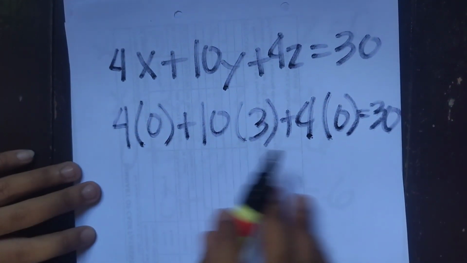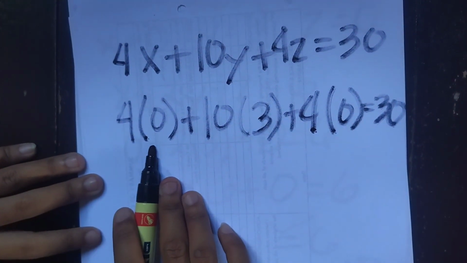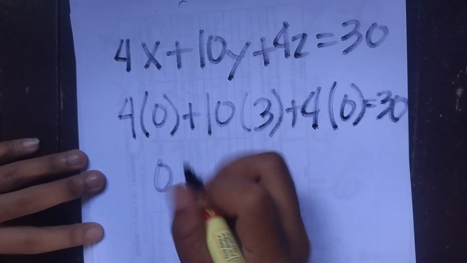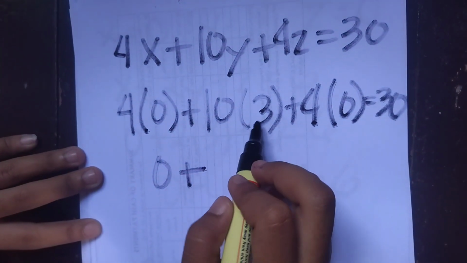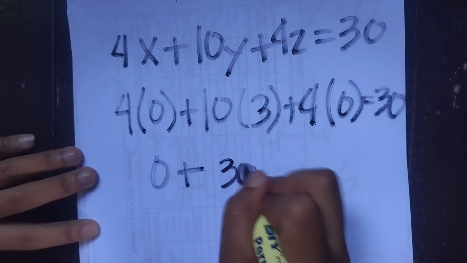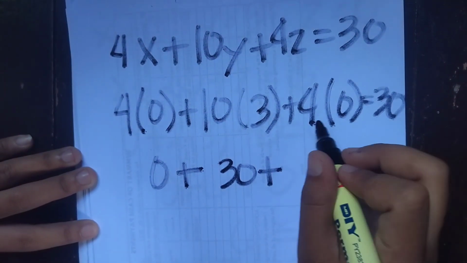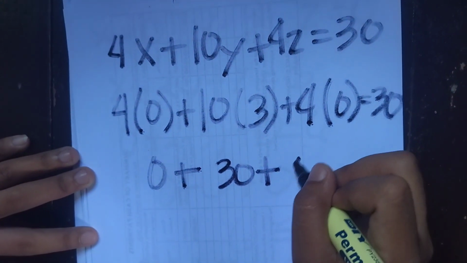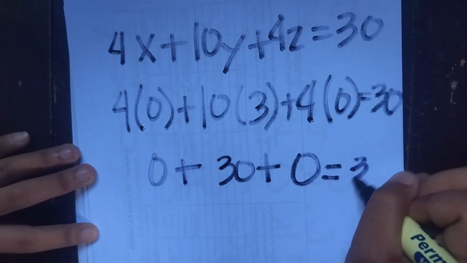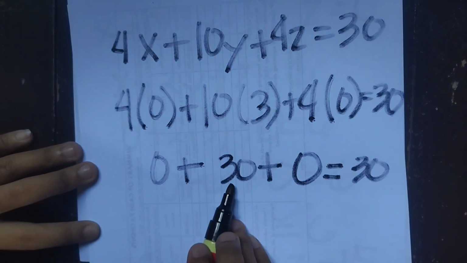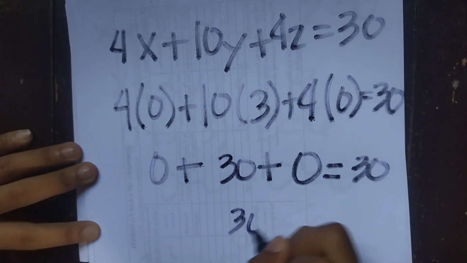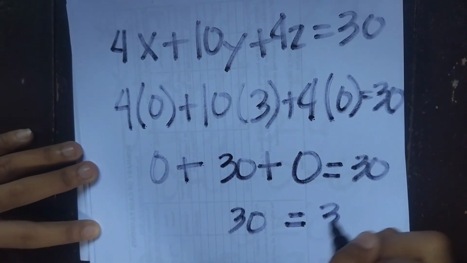Now, let's multiply this. Now, 4 times 0 equals to 0, plus 10 times 3 is 30. Then, plus 4 times 0 is 0. So, equals to 30. Now, 0 plus 30 plus 0 is equals to 30, then 30.